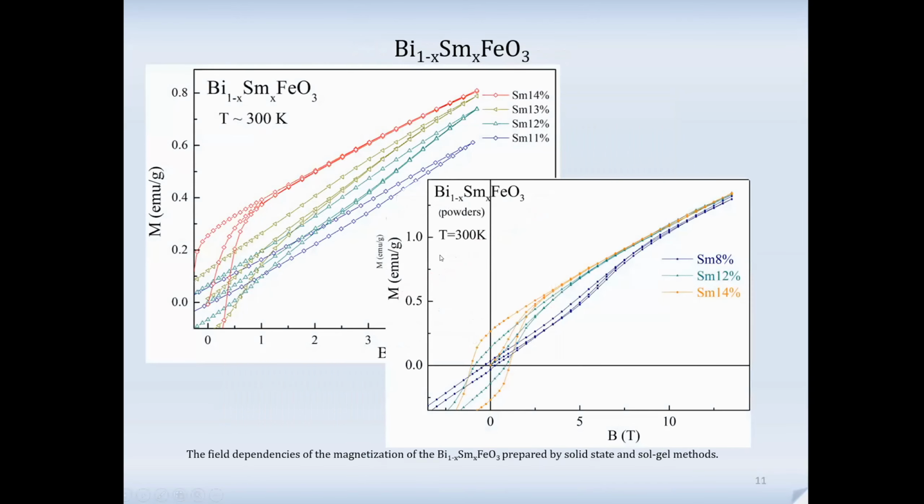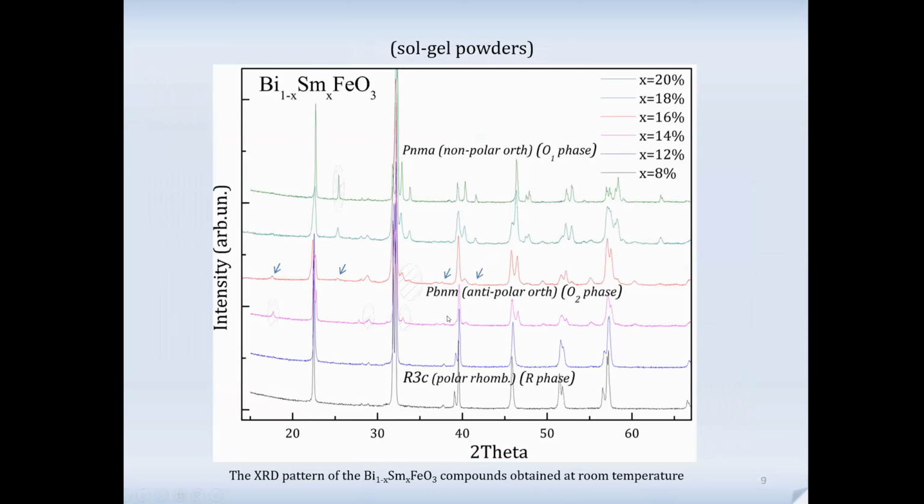What I'd like to focus on is the compound having 12% samarium content, which can be considered single phase rhombohedral. Let me remind you, for the ceramic compound with 12% samarium, we already have some phase coexistence.